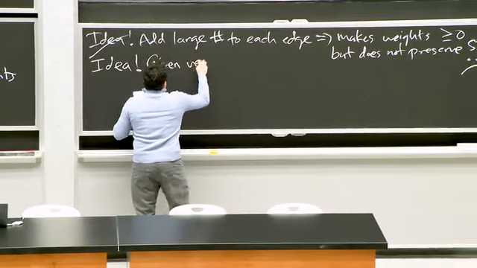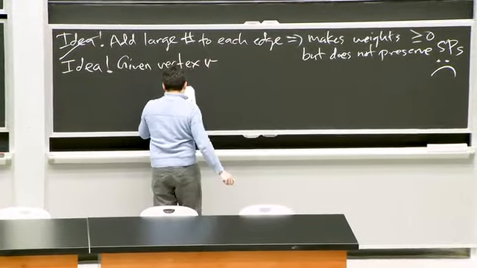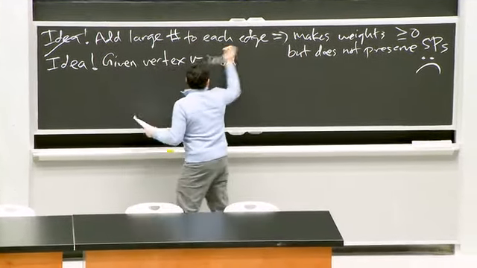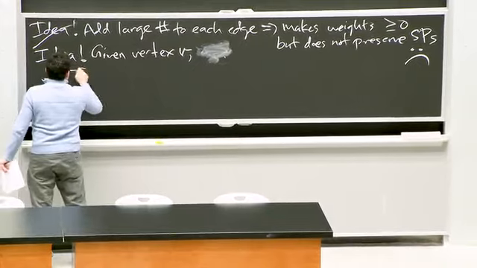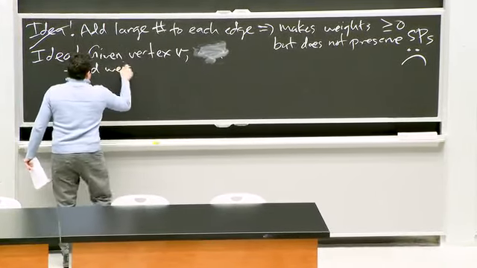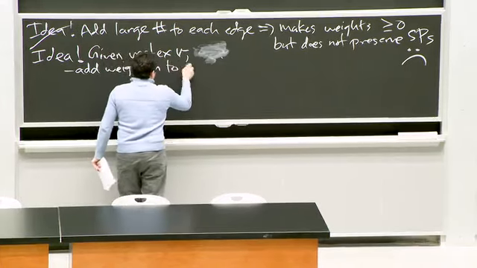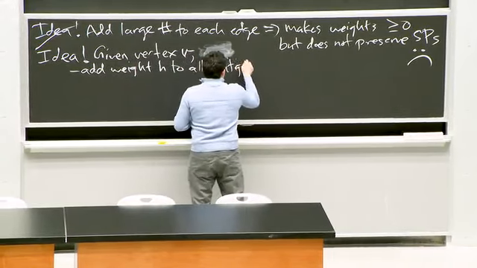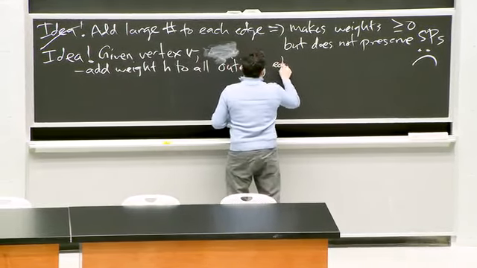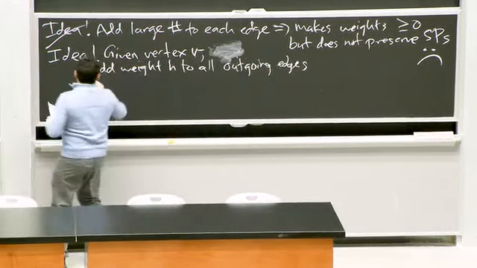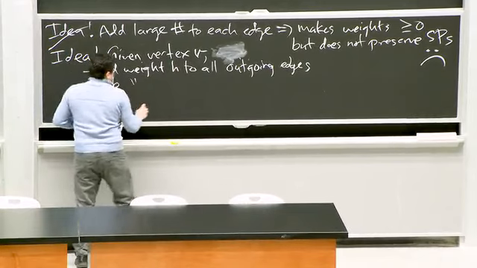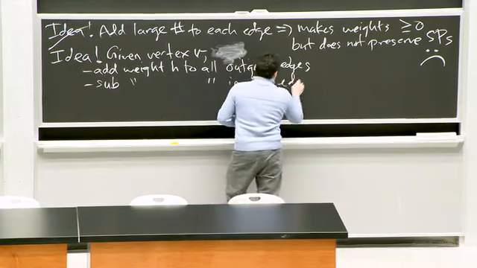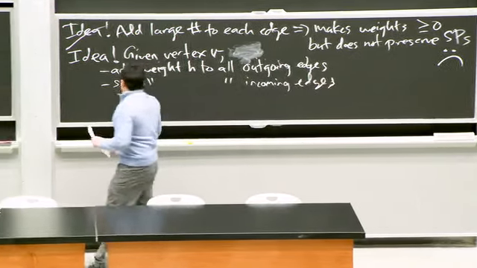Given vertex V, add weight H to all outgoing edges, and subtract weight H from all incoming edges. So that's the idea.